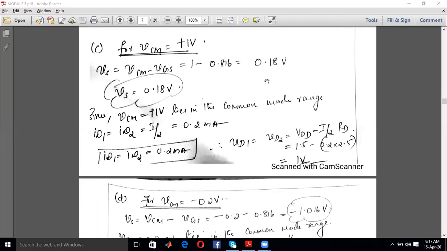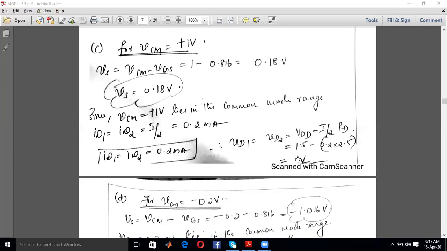As this current is splitting equally among the two transistors, the two drain voltages are going to be the same. That is, they are not going to change from the previous value. It remains at this particular voltage, that is 1 volt. There is no change. The only thing is that the source voltage is changing, but the drain voltage keeps as such, because there is no change in I. Only if there is a change in current flow through the two transistors will there be variations in the output voltage.